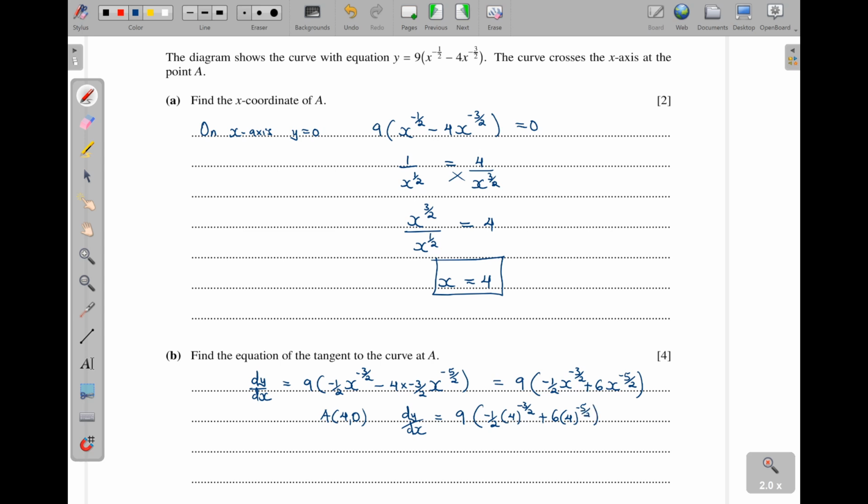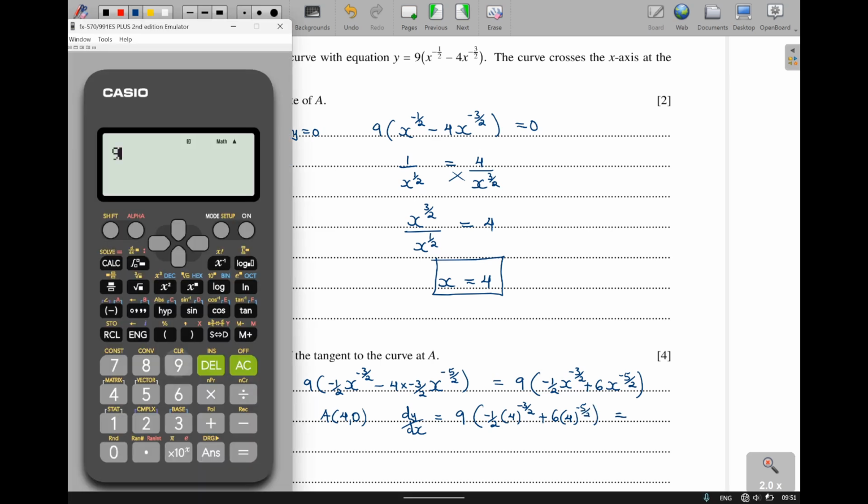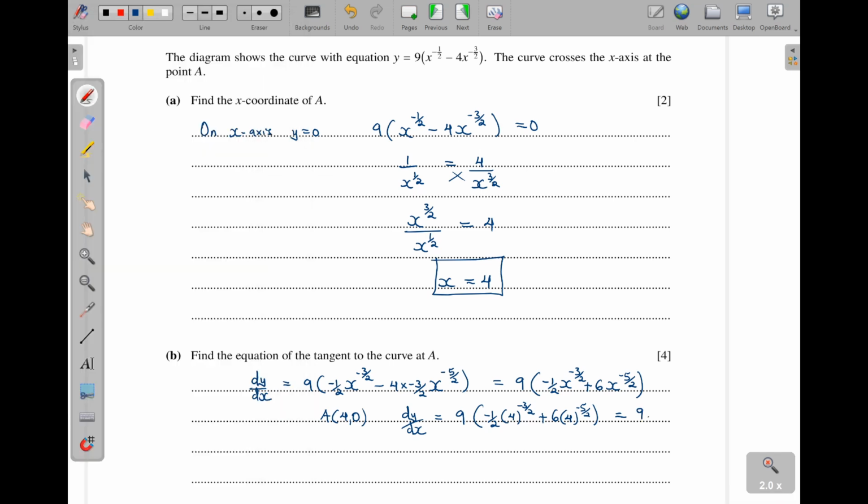When we put everything in the calculator, what do we get here? 9 into negative 0.5 into 4 to the power of negative 1.5, plus 6 into 4 to the power of negative 2.5, then we close the brackets. That is 9 over 8. That is the gradient of the tangent.